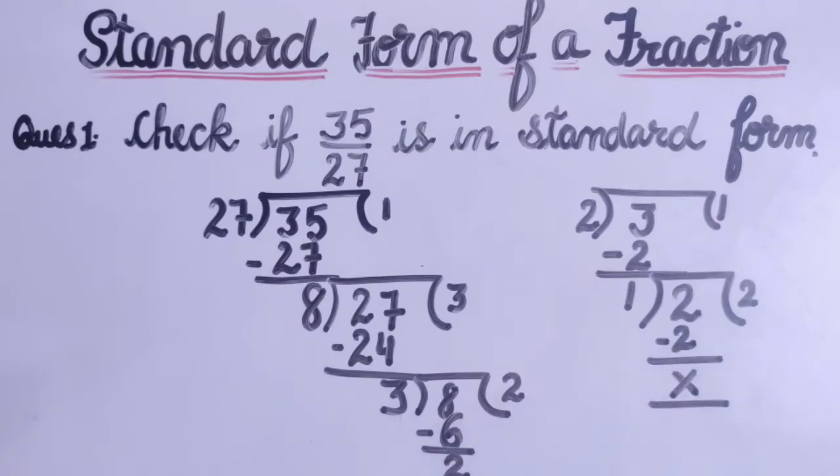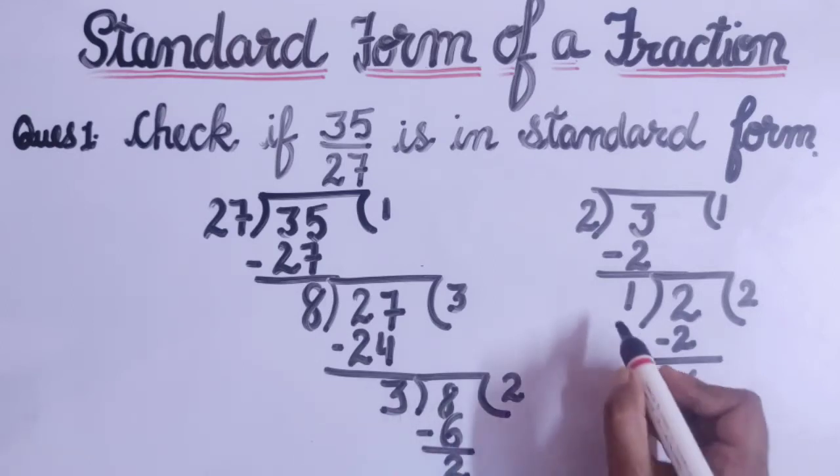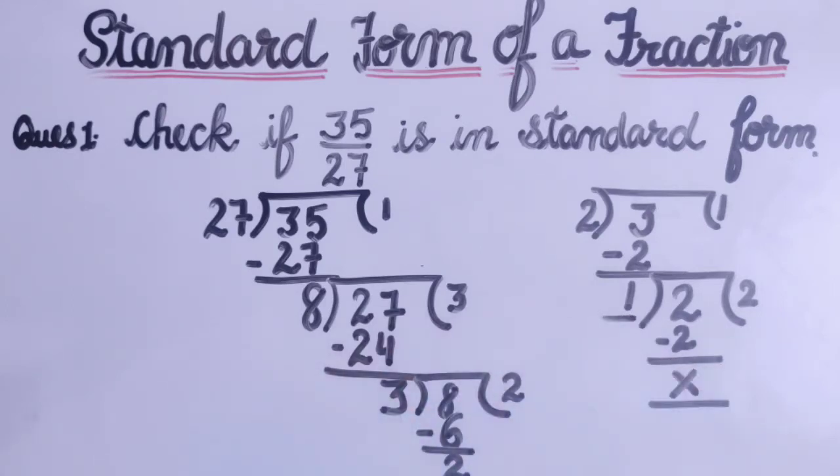Remainder is 0. If remainder is 0, we will stop here only. And what is our HCF? Third step to find out the HCF is the last divisor. Last divisor is always our HCF. So I can say that the highest common factor is 1.